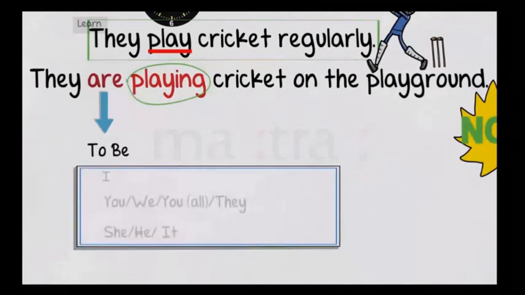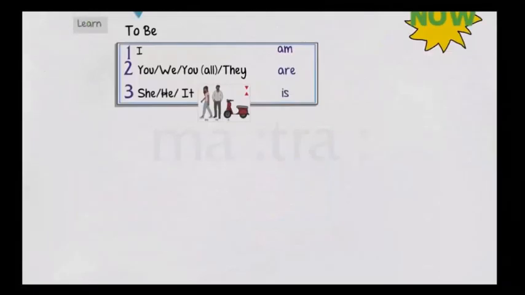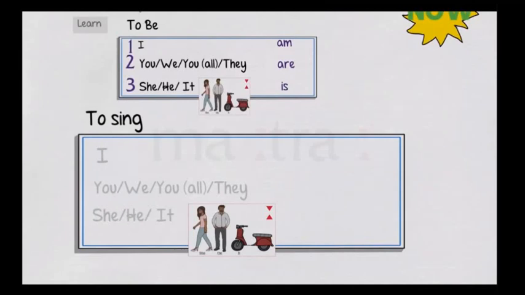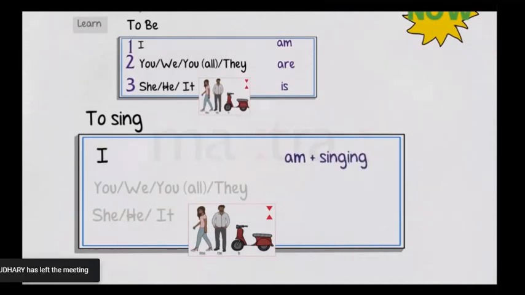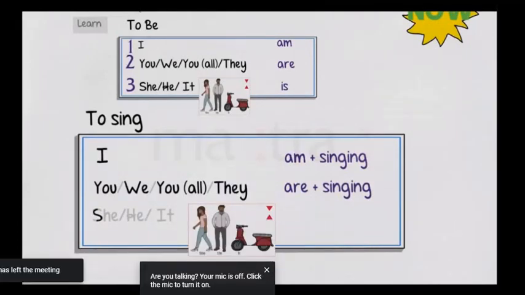If you remember, this table is in 3 parts. I am, you, we, you all, they are. She, he, it is. Let's try one example using the word sing. I am singing. You are singing. We are singing. You all are singing. They are singing.